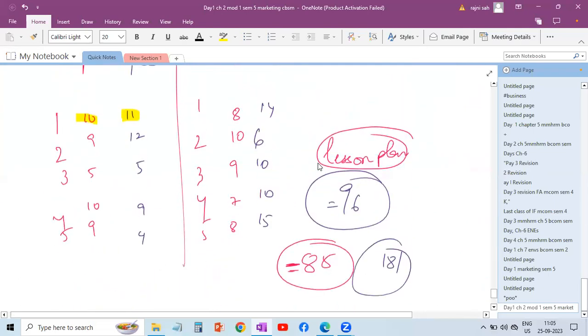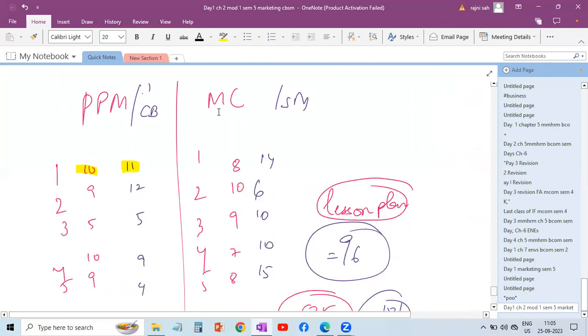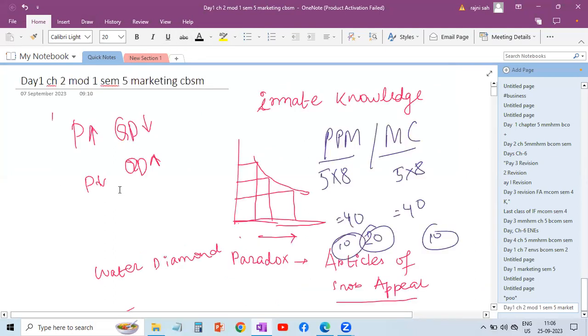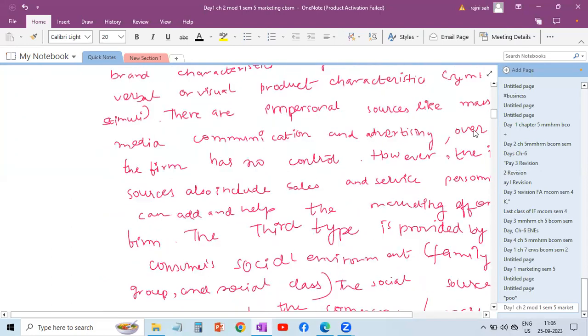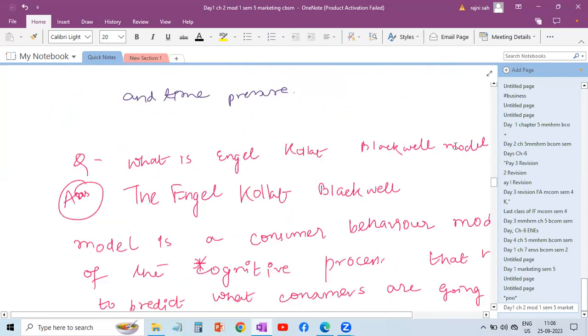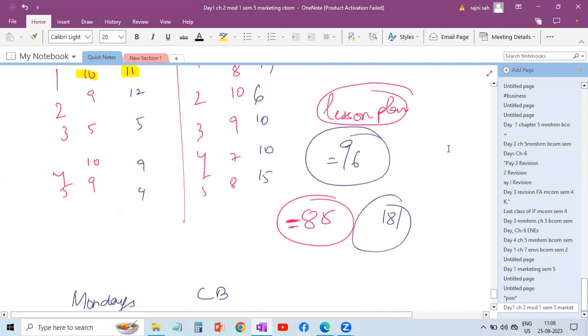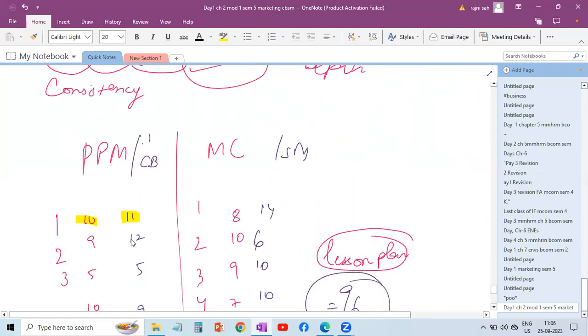Last class I told you that in CBSM, where CB's second chapter has 12 points.